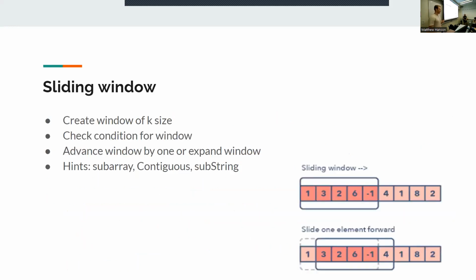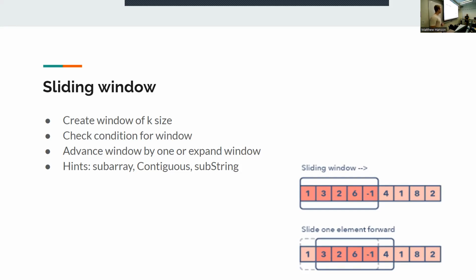Okay, so here's sliding window. The main idea is to make a window of size K, or whatever size you want. It can also increase or decrease in size. Then you check a condition for this window.